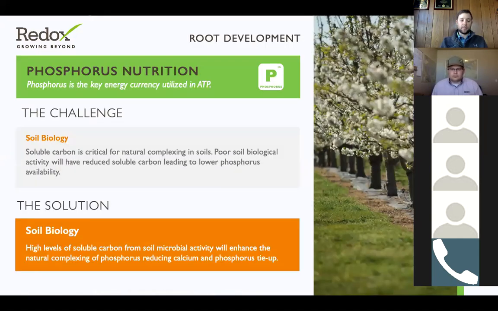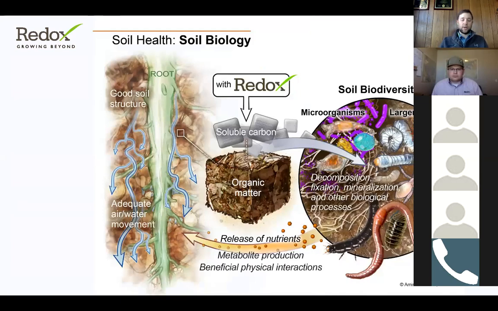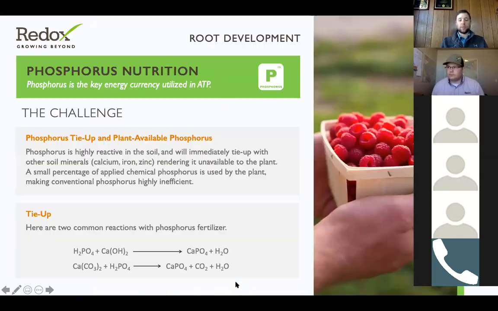So the key there is high levels of soluble carbon in the soil. Soil microbial activity will enhance the natural complexing of phosphorus, reducing calcium and phosphorus tie-up. So we can do that through input additions and then promoting good soil structure, and that will help grow that soil microbial community and get us some more nutrition.